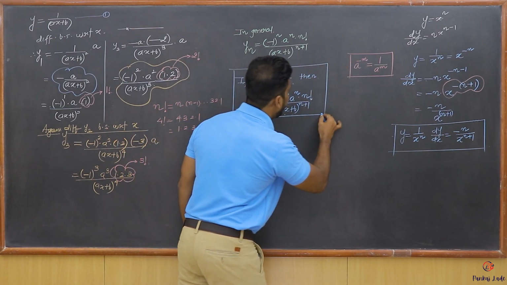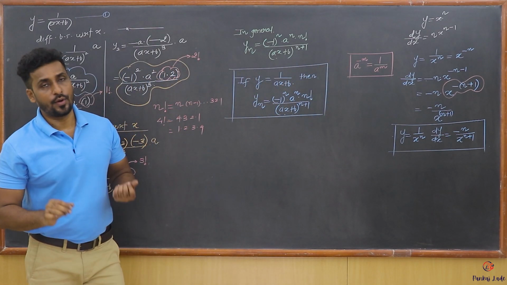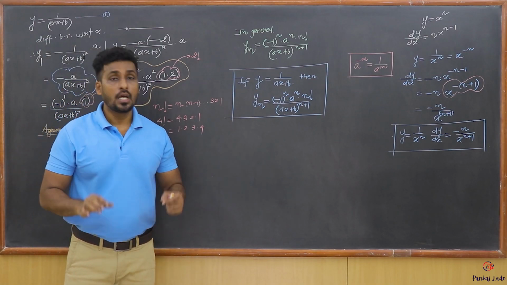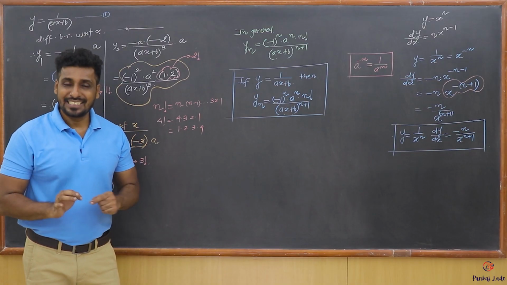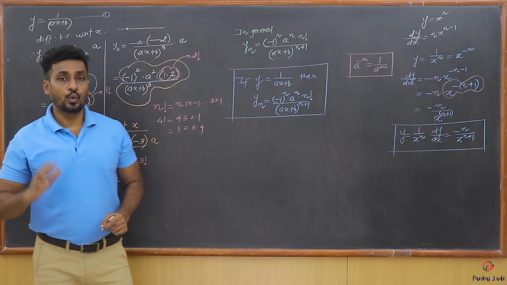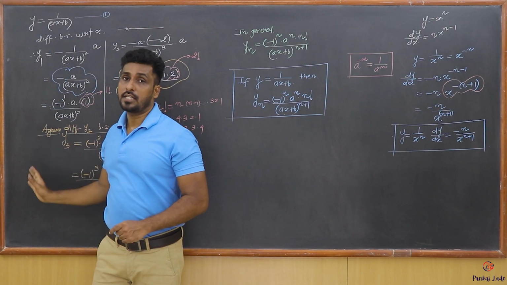This is, as I said, a very important derivation, a very important formula. The formula is definitely going to get used in solving many of the questions, and sometimes it might also happen that they might ask you to derive this particular standard form.